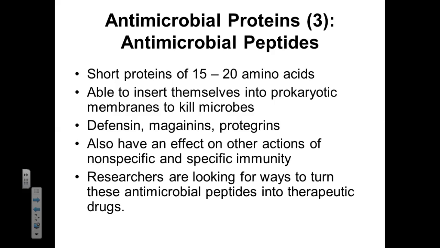And they are going to have effects on both our nonspecific and specific immune system, particularly the second and third lines of defense. Right now, a hot area of antimicrobial research is finding a way to synthesize and utilize antimicrobial proteins to treat specific bacterial and protozoal infections in our body.